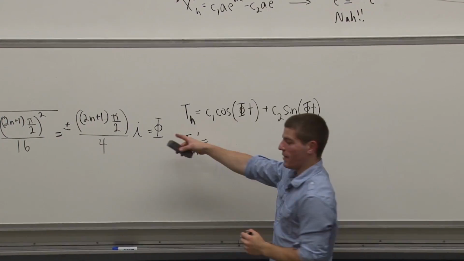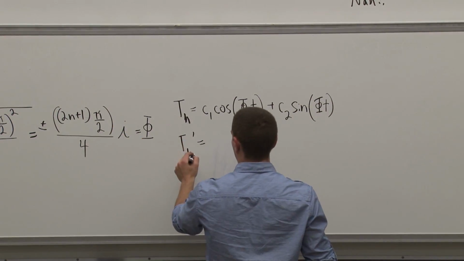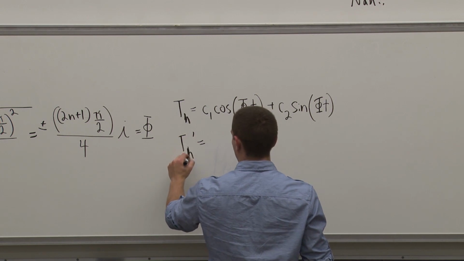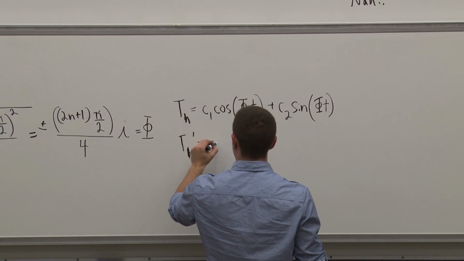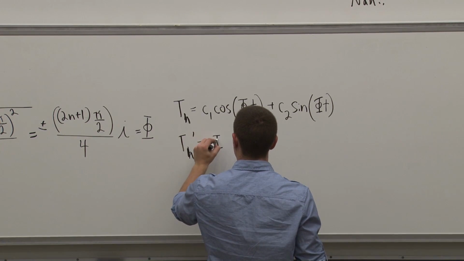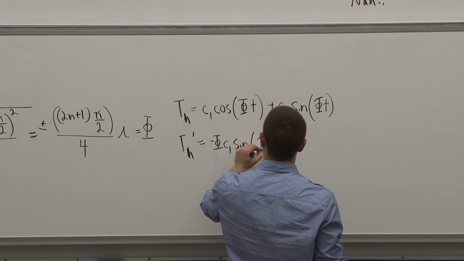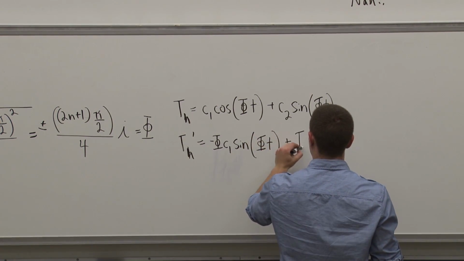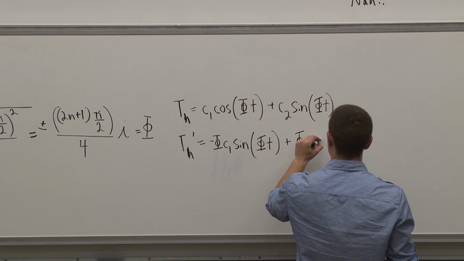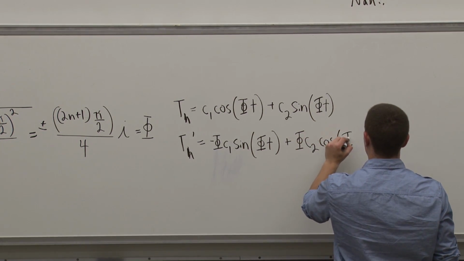See, that's why I want to make it a phi, otherwise I'm going to have to take the derivative and rewrite this 5 times. So t homogeneous prime is equal to negative phi c1 sine of phi t plus phi c2 cosine of phi t.